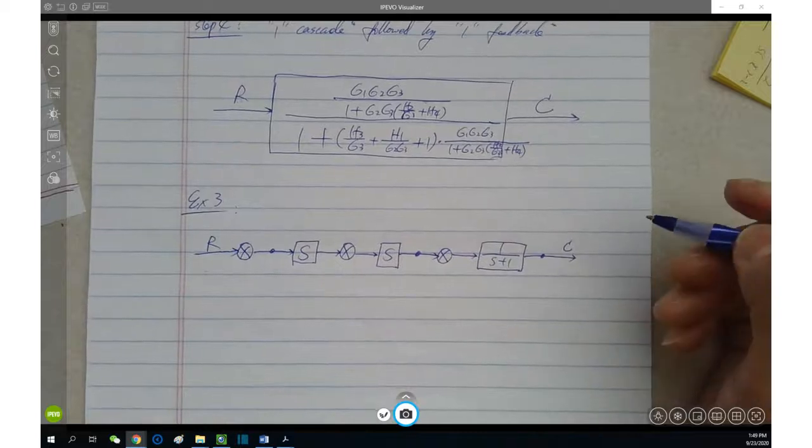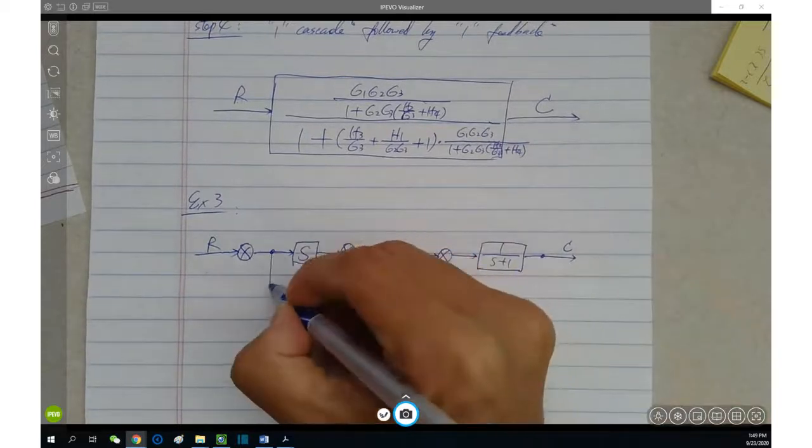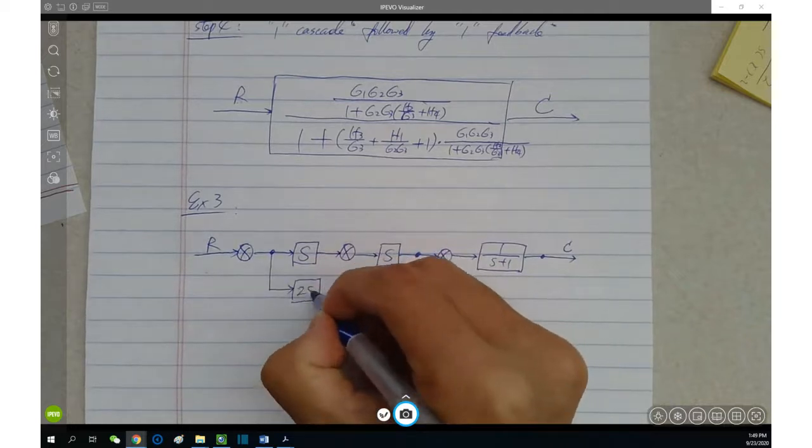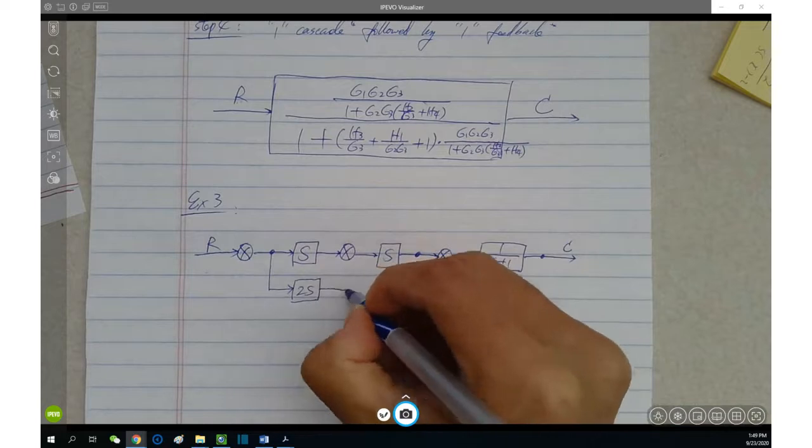Unfortunately, once again, there are multiple pick-off points and summing junctions. Okay.